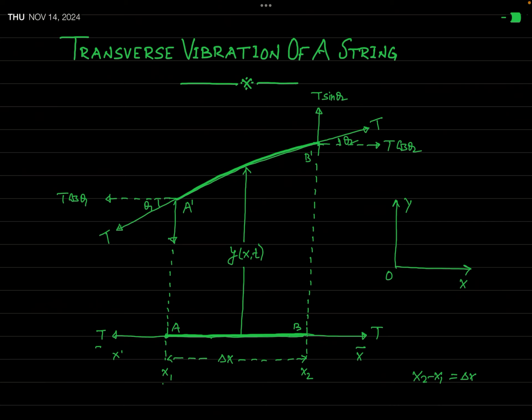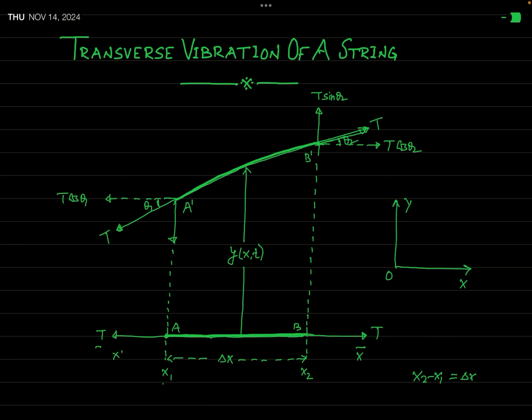Here at the end A dash, you can see tension is T, which is tangential to this curve A dash B dash at point A dash, and at B dash again you can see that tension is T, which is tangential to this curve. Okay, and I have shown that this tangent makes an angle theta 1 with the x-axis, and here the tension T makes an angle theta 2 with the x-axis.